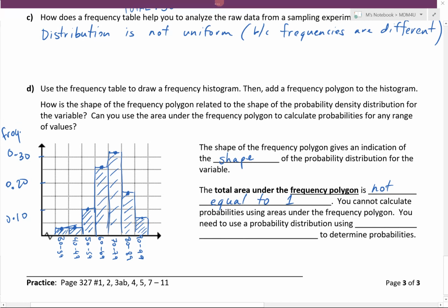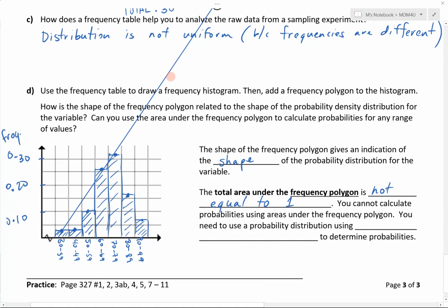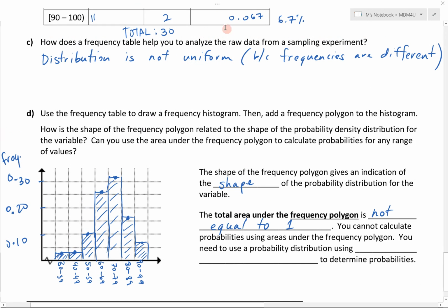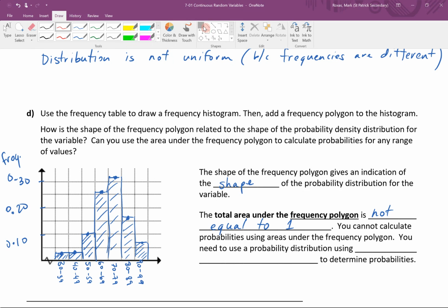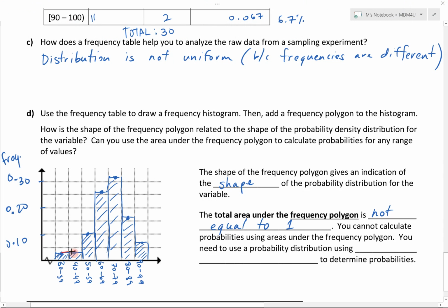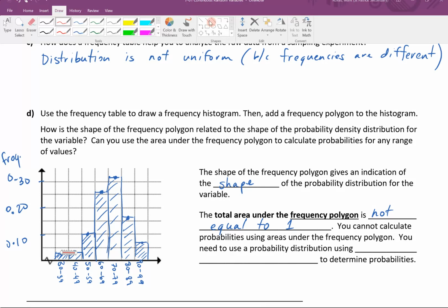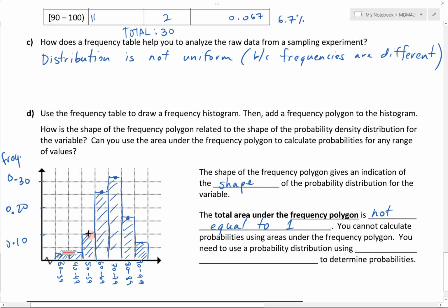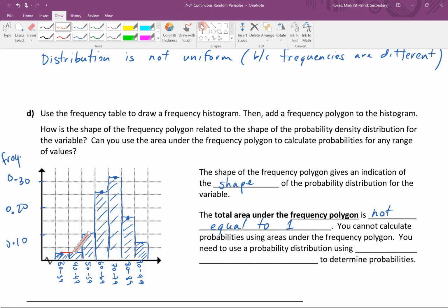Oh, change the color. So let's make that red. Straight lines. So red. Another one. Draw another one.